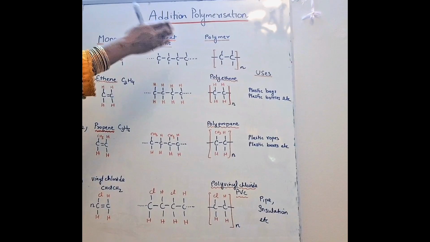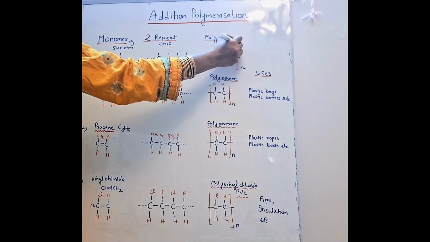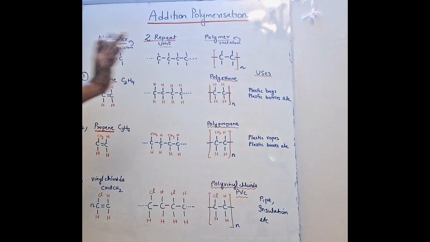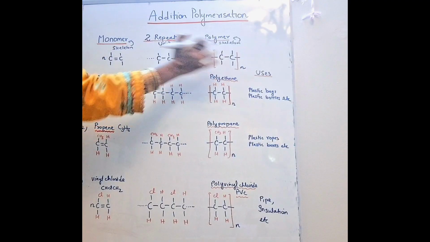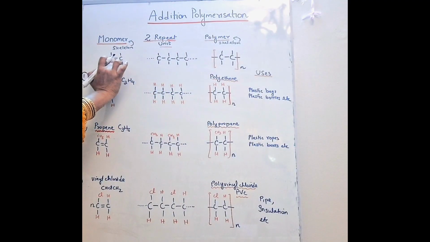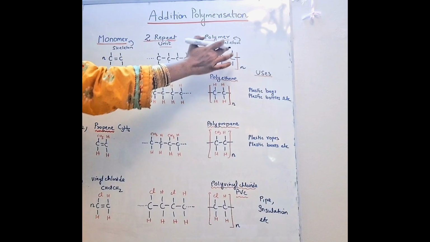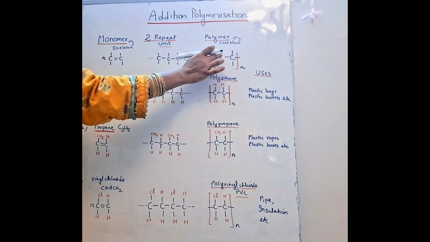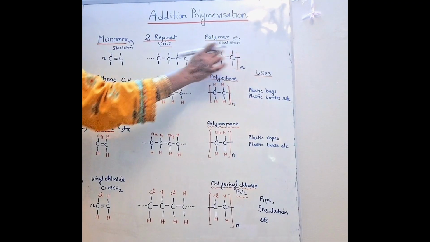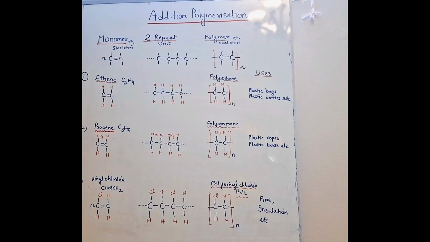Now, what will be the skeleton of the polymer? It's very easy. We repeat the structure of the monomer exactly. I copied the structure of the monomer, but the difference is that here it is a double bond, and here you will represent the single bond. So the skeleton of the polymer will be the same as the monomer, but the bonding is single, and we will show 2 more bonds on the left and right side of the carbon.